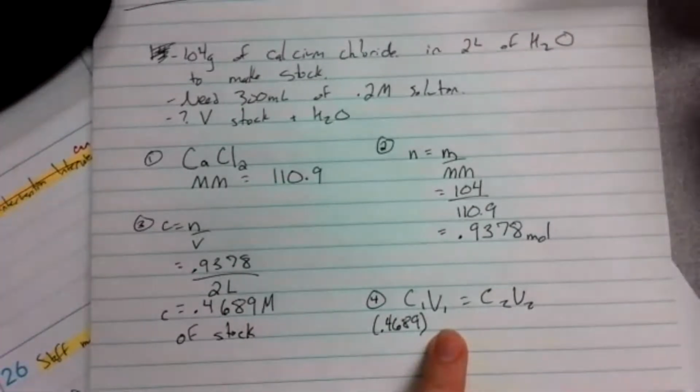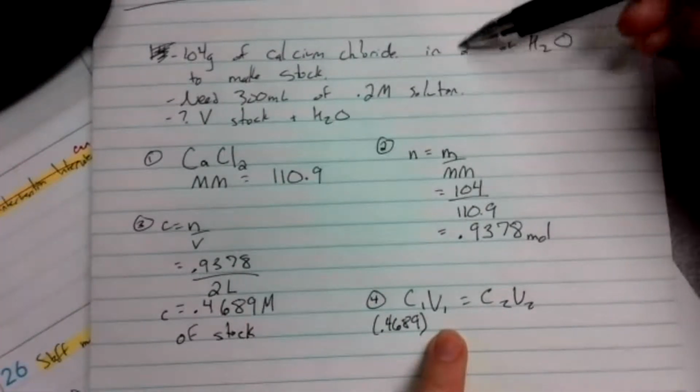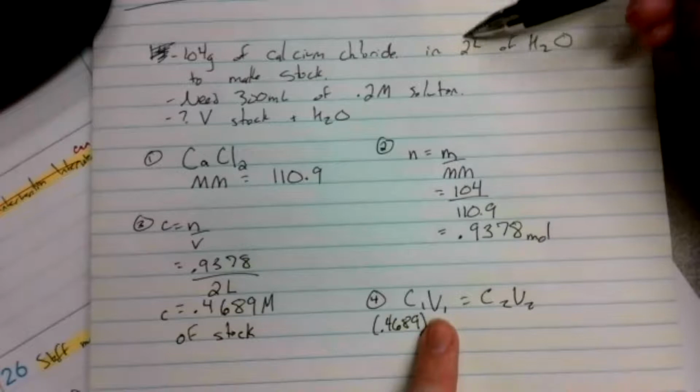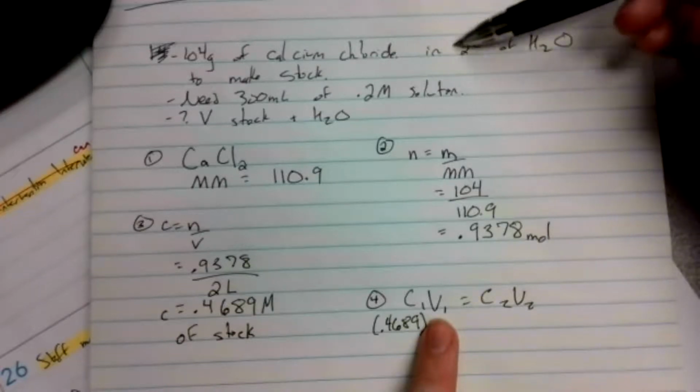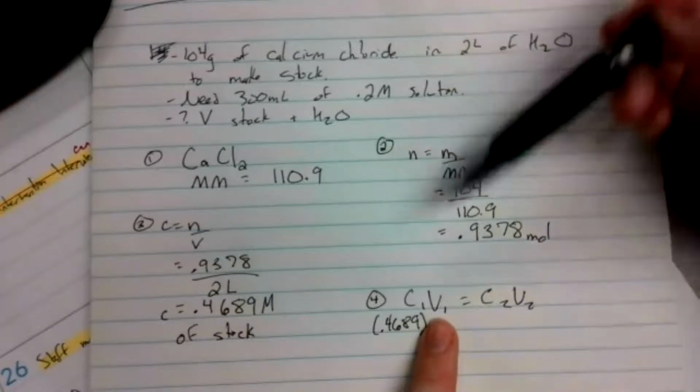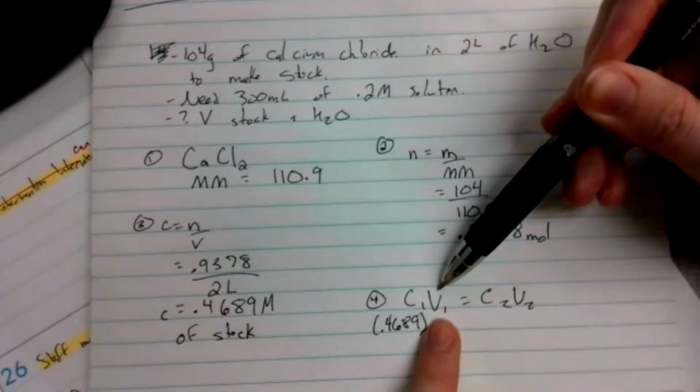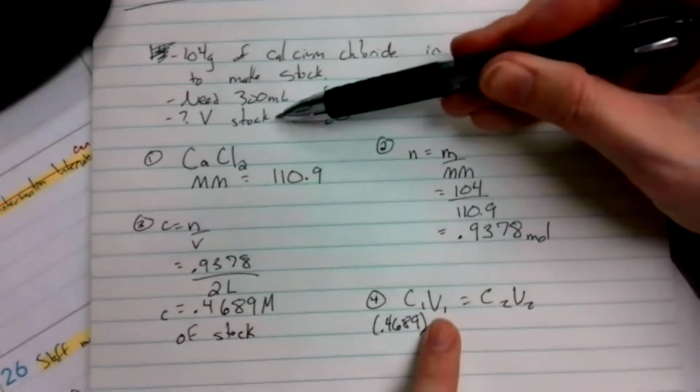A really common mistake here is plugging this 2 liters of stock solution into this V1. This 2 liters is how much stock solution we made. This is how much stock solution we have. V1 is how much stock solution we use, okay, which is something that we're being asked to find.